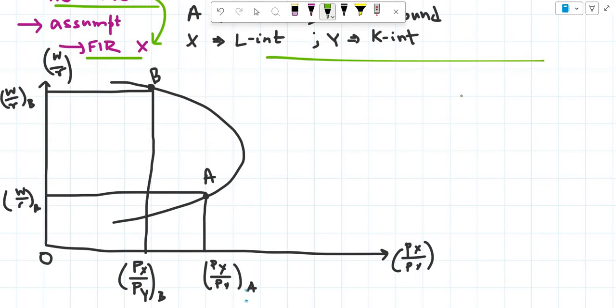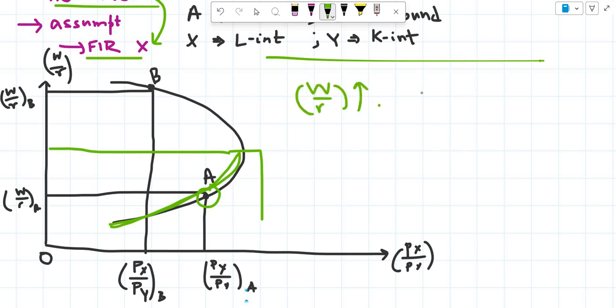The question is how. The answer is very easy. If you think about A, let's look at point A first, or we can actually look at the entire graph till this part. We see that as W by R increases, Px by Py increases. Now, let's try to understand what that means.